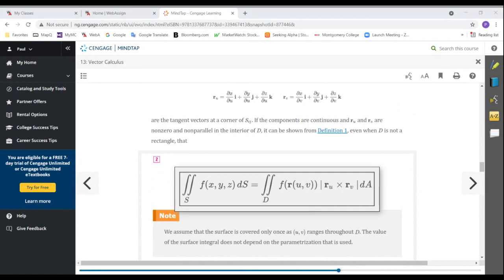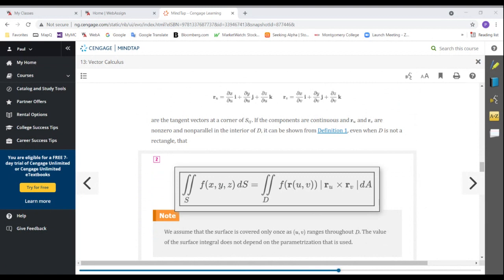So of course, your parameterization is going to be using the u and v variables. You're going to replace x, y, z with the point found by the parameter vector r of u and v, because every coordinate x, y, z is a point on the surface.